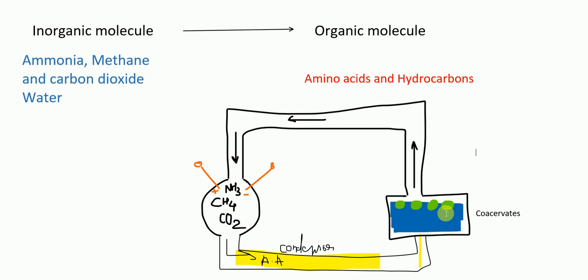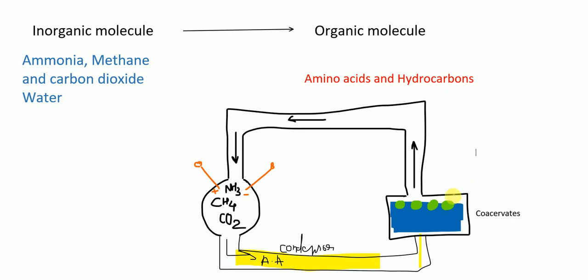Here in the experiment we have used electrodes to provide the energy so that the inorganic molecules get broken down to organic molecules, but in primitive earth condition the energy was provided by lightning. So the electrode is equivalent to lightning, while the water chamber is equivalent to the oceans of primitive earth.